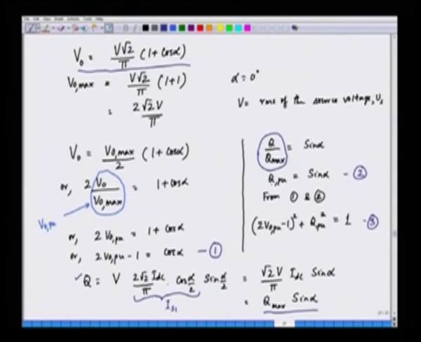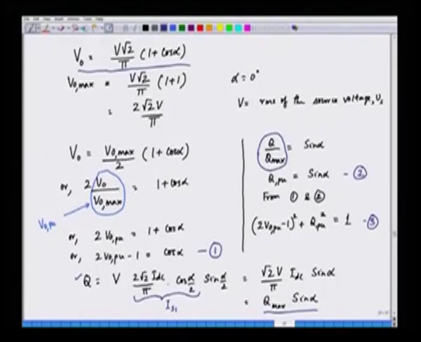Exactly in the same way, if we divide the reactive power by the maximum reactive power, we get the per unit reactive power. So, that is Q per unit, and that is equal to sin alpha, and that is equation number 2.